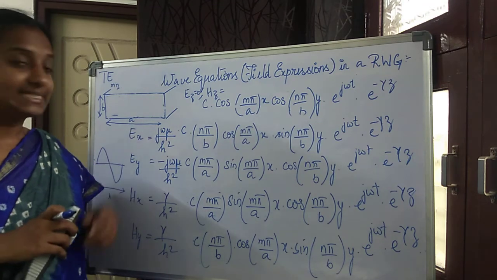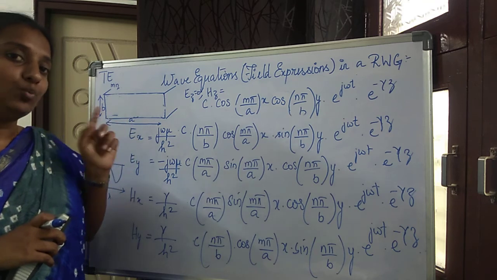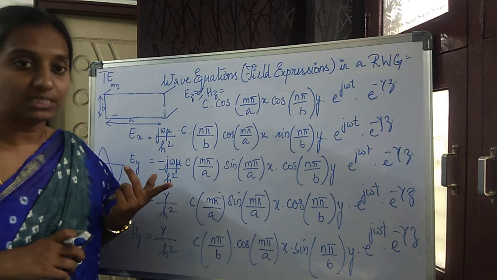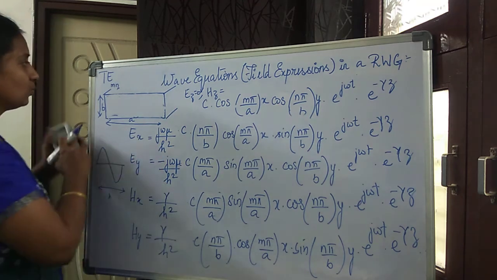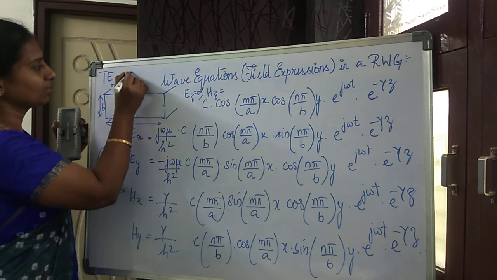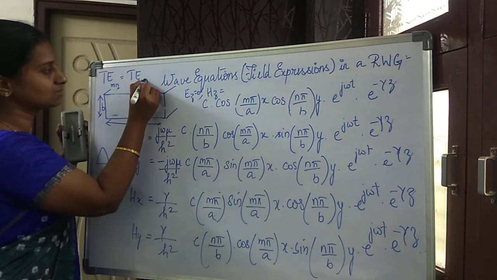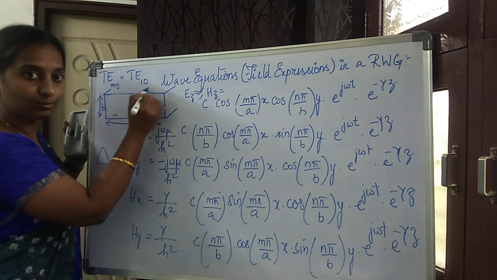For TE mode, which is the dominant mode? TE10 mode is the dominant mode. Though the primary mode is TE01, the cutoff wavelength was highest for TE10, which means M is 1 and N is 0. So this is the dominant mode for TE mode.